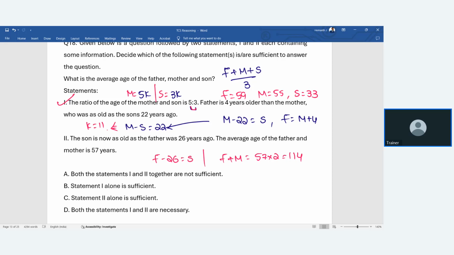Two alone not possible. Don't go for together. One alone possible, so don't go for together. You can clearly have an idea. I want f plus m plus s. I have only f plus m, s is not available. So two alone not possible. One alone is sufficient. Got it.